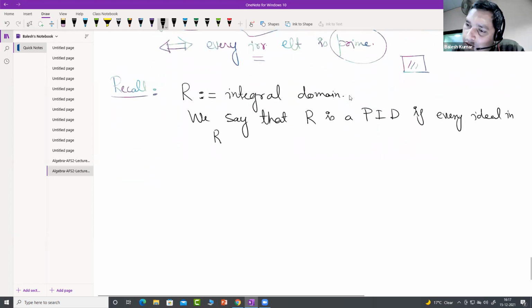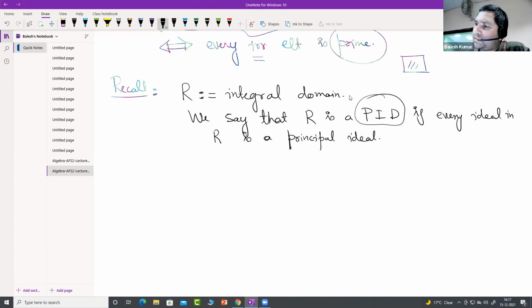By principal ideal, I mean that every ideal is generated by a single element. PID is the short notation for principal ideal domains.